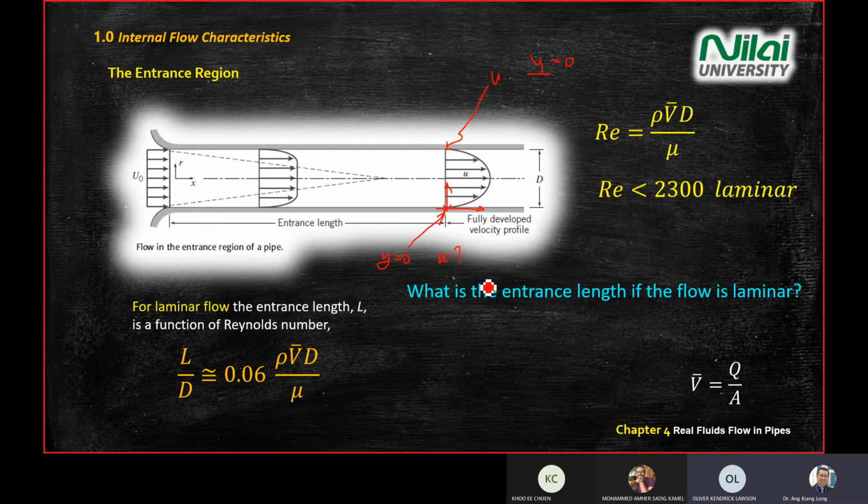Amir, are you able to answer why you have a velocity of 0 at the wall? Amir, are you there? Yes, sir. Why is the velocity at the wall 0?